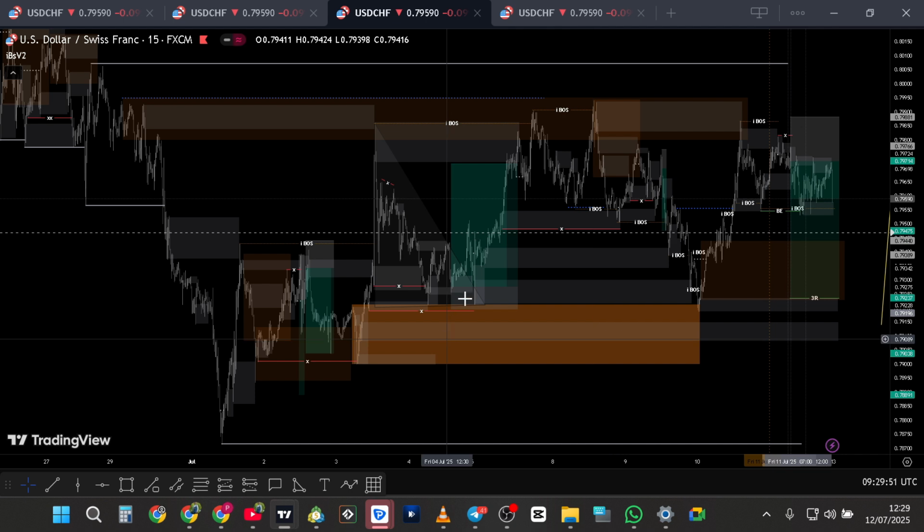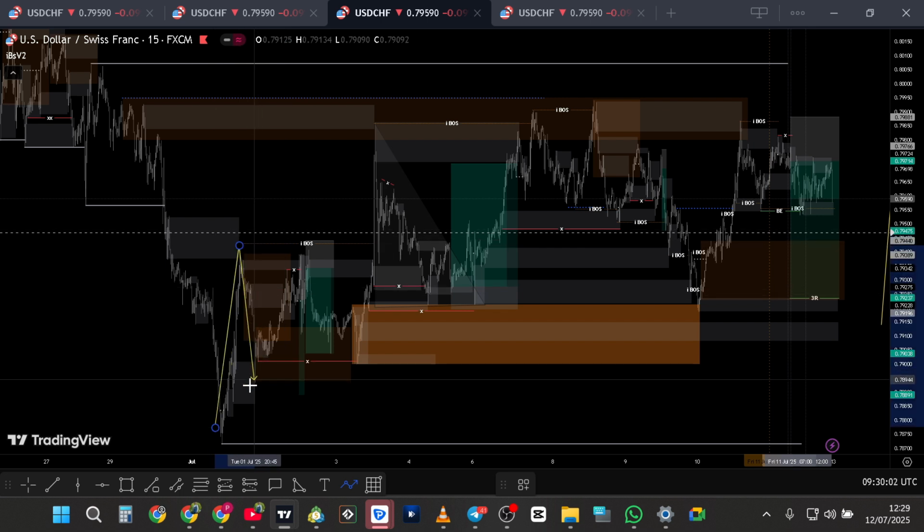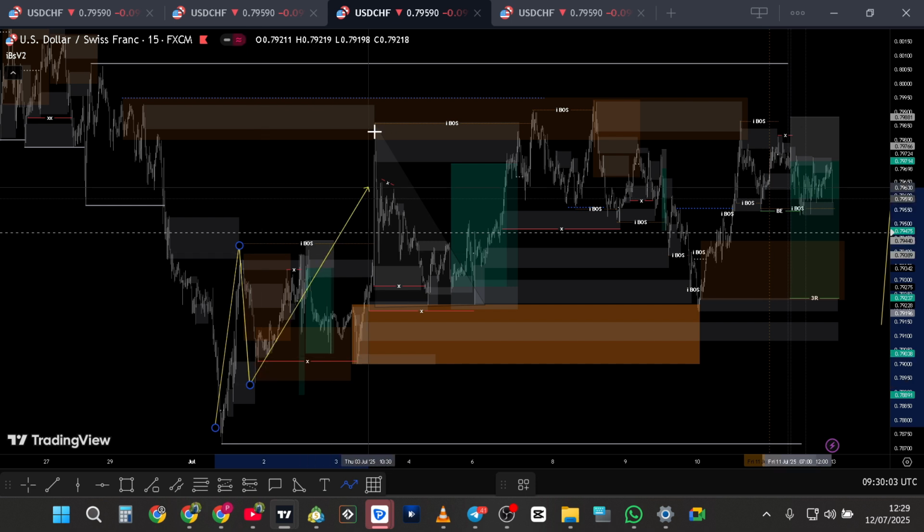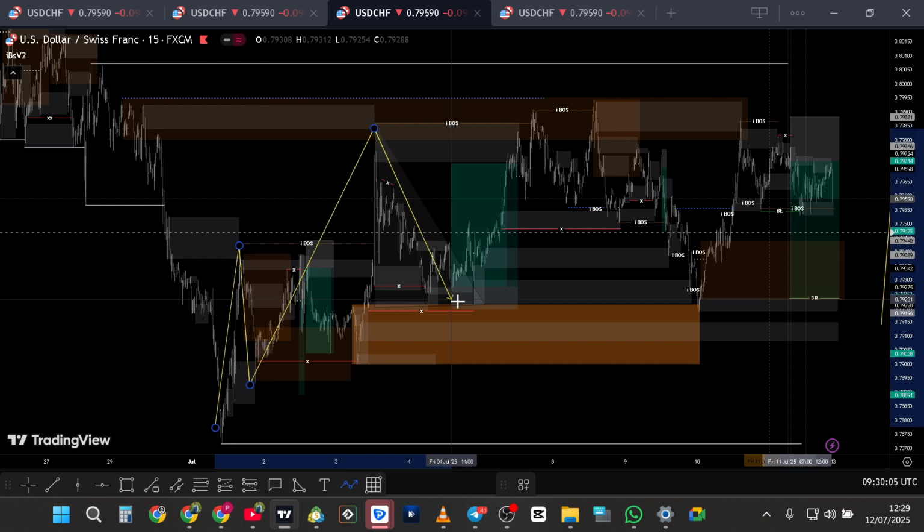But all the same, if you follow the pair very well with your strategy, you can obviously spot those trends and those levels. So let's say, for example, this was my low, and then price shot to the upside, and then this was my low, and then price shot to the upside. So technically we have an uptrend.